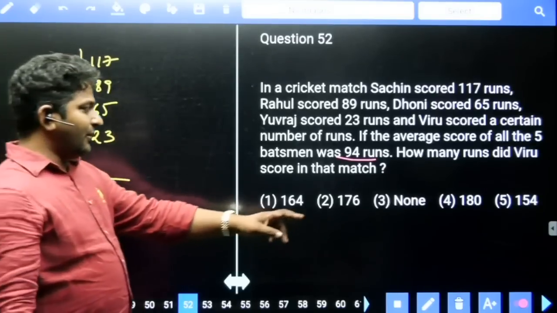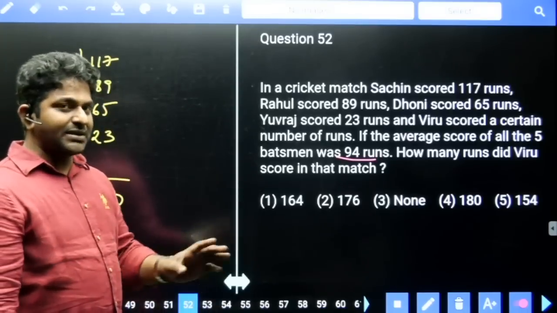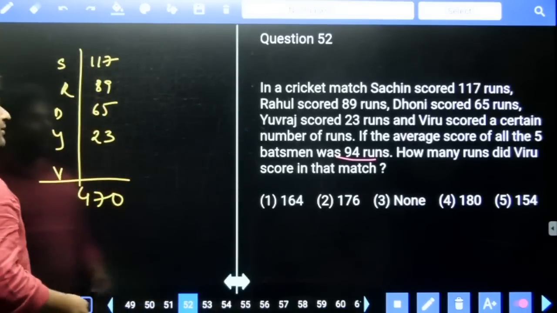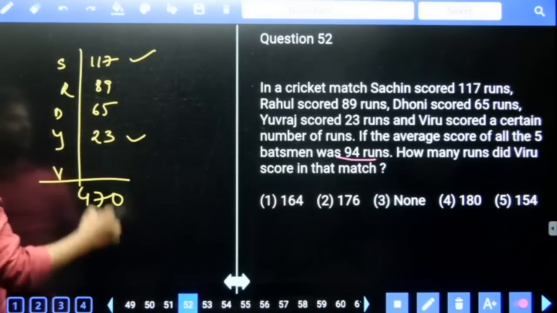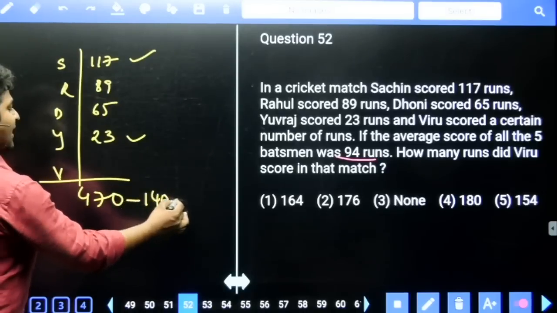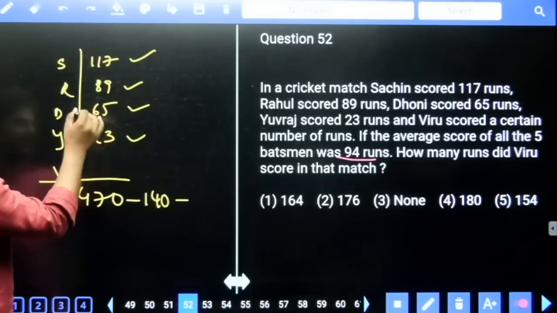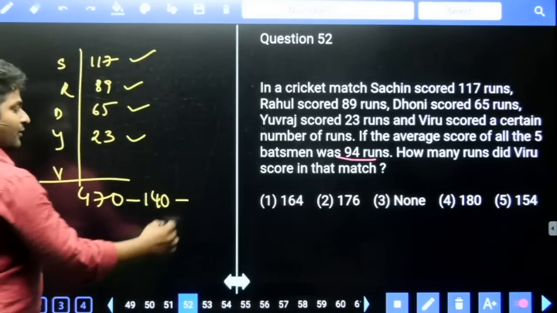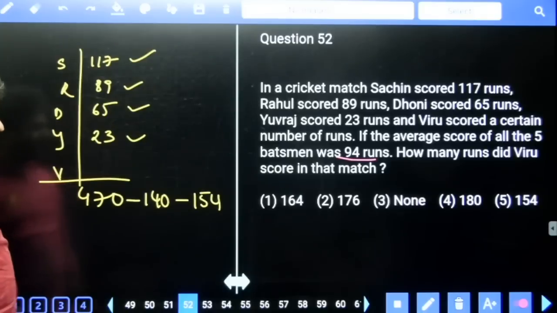Here also you have none of these. If you don't have none of these, probably we would verify the last digit also, but now we have to calculate everything. Add these two numbers, 117 plus 23 is 140. From this we have to subtract 140 as well as the sum of these two numbers, 89 plus 65, which is 154. The sum of both is 294.